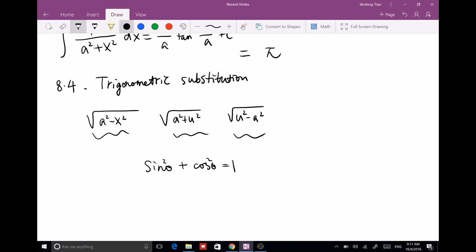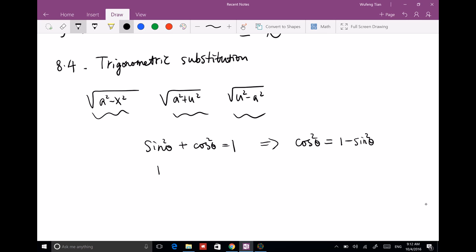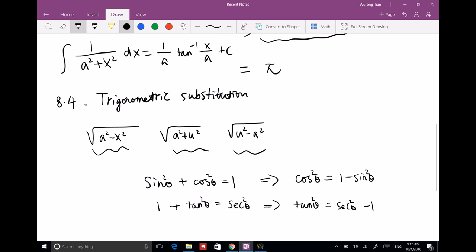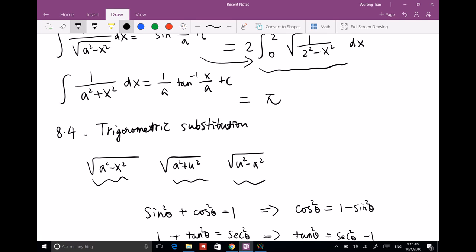So from here, cosine theta squared equals 1 minus sine theta squared. The next one is 1 plus tangent theta squared equals secant theta squared. Very good, thank you very much, Lacey. So tangent theta squared equals secant theta squared minus 1. And from this one, you can easily tell that you have a squared minus 1 squared.